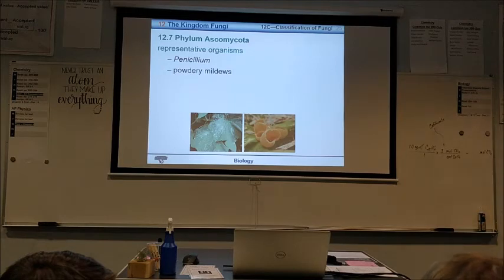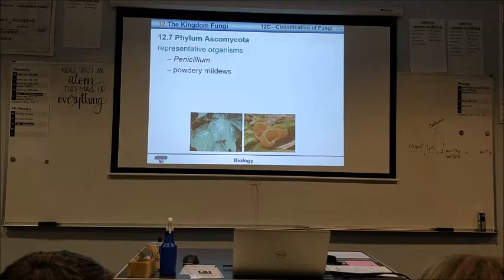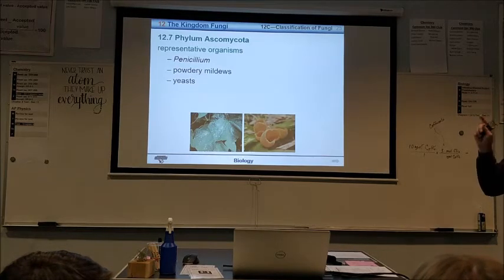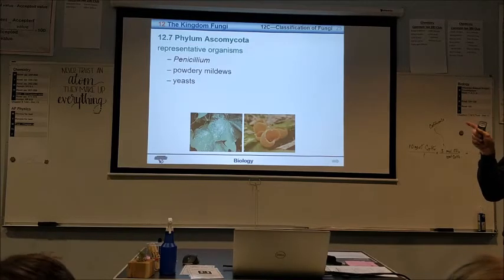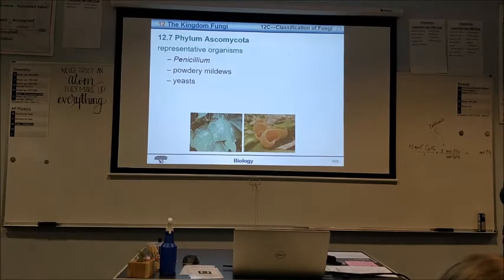Okay, and that's going to affect how much produce is actually produced by that plant in the garden. Then there's yeast. Okay, so the lab we did with the yeast fits into this. We said it was a fungus, but it belongs to this phylum, Ascomycota.